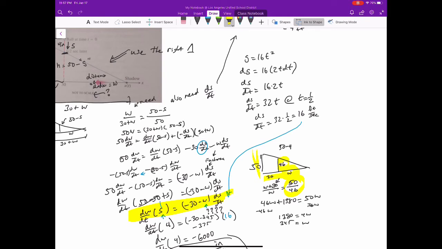When we cross multiply, multiplying 46 times W and times 30, you end up with this value here. And 50 times W ends up with 50W right here.